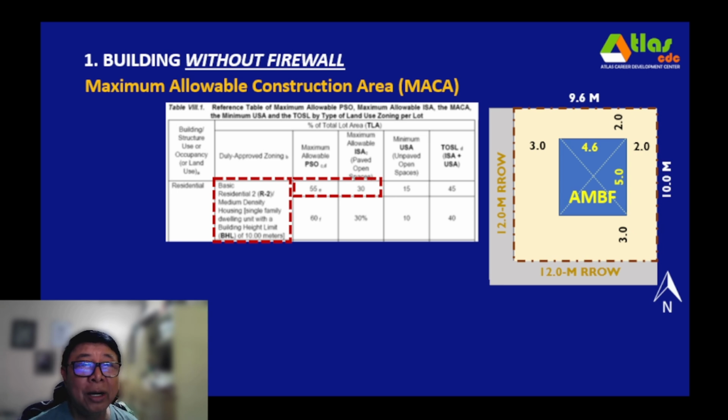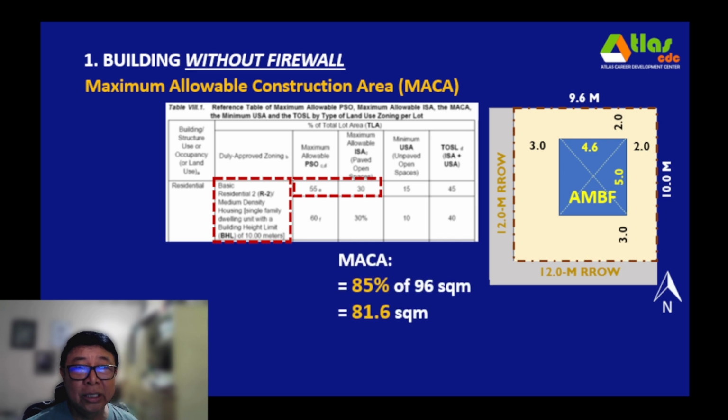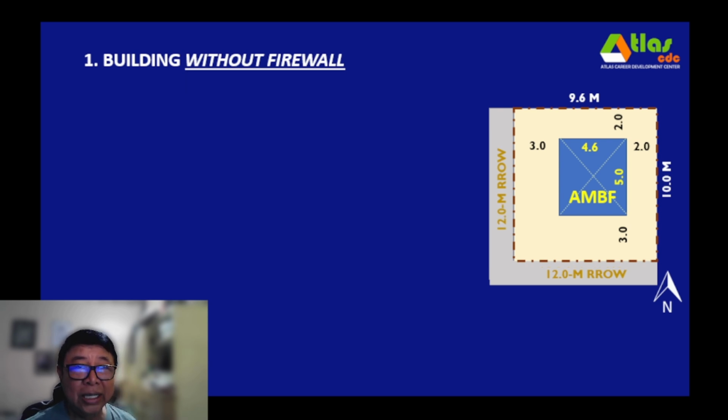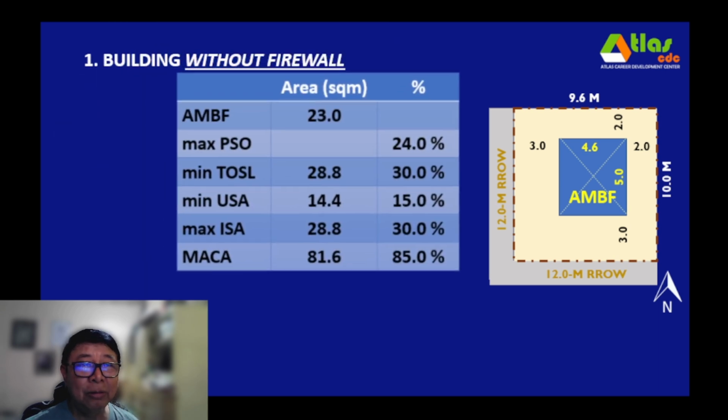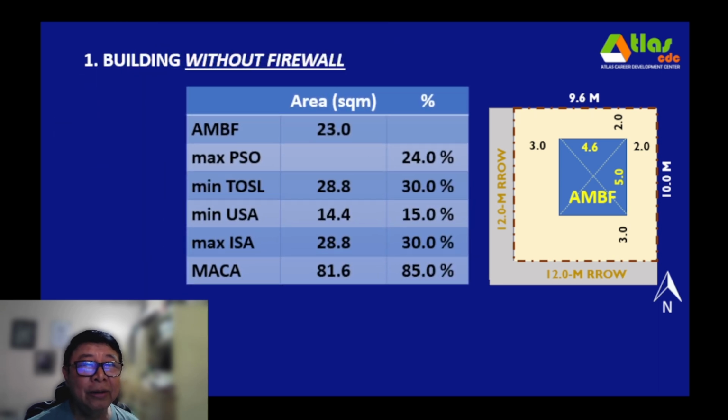Both are maximum values, so we add these two. 55 plus 30% will give you 85% of the total lot area or 96 square meters will give you the maximum allowable construction area at 81.6. So this is now our summary for the development controls that are all taken at grade level.